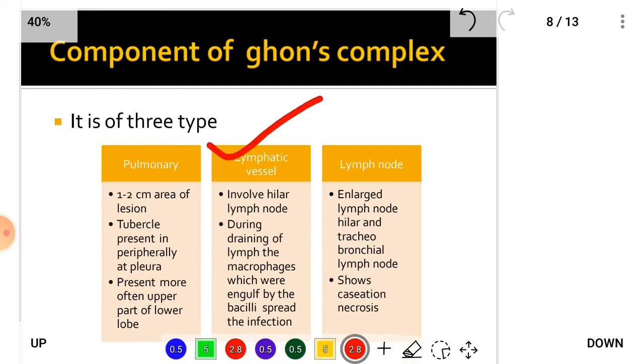Now the second one is the lymphatic vessels, the vessels which contain the lymph. It involves mainly the hilar lymph node, and during the draining of the lymph there is a presence of macrophages and bacilli, through which the infection is transmitted from one organ to another organ. So this is the lymphatic vessels.